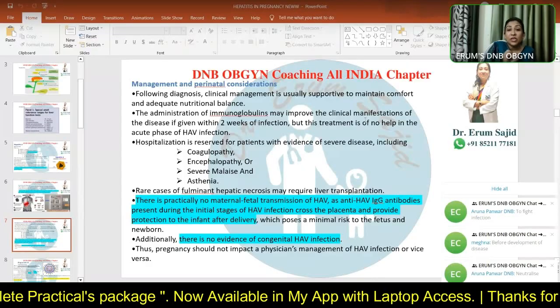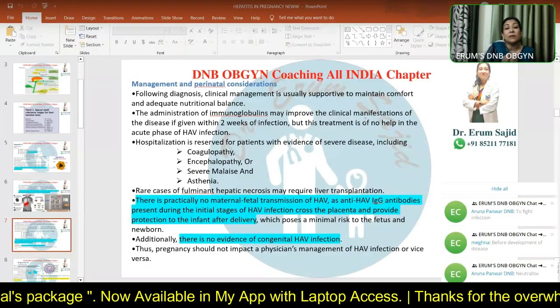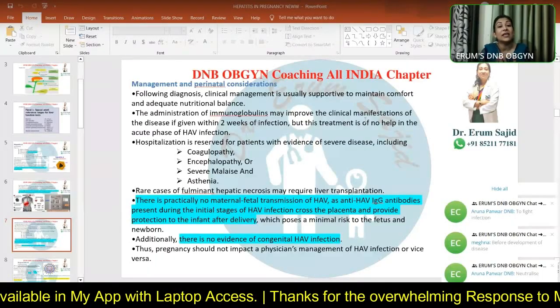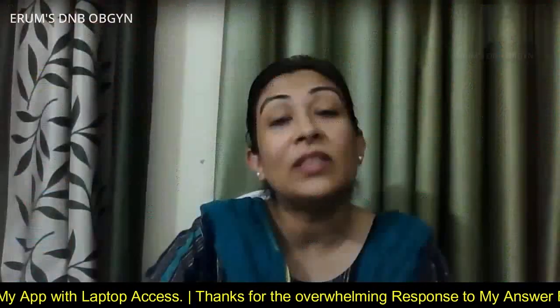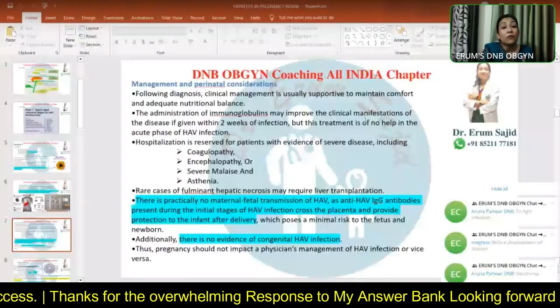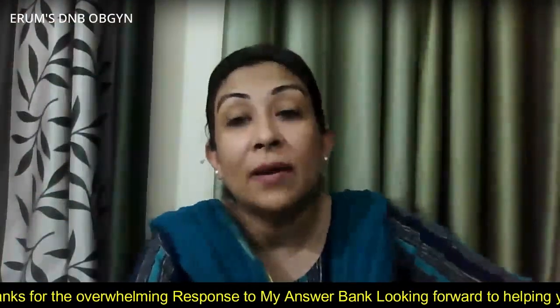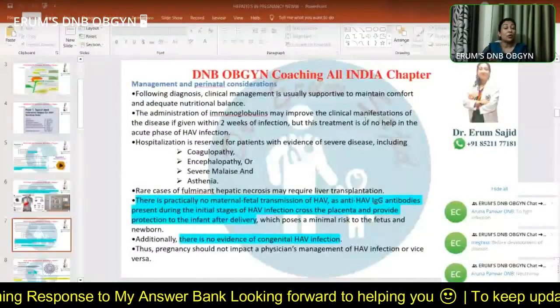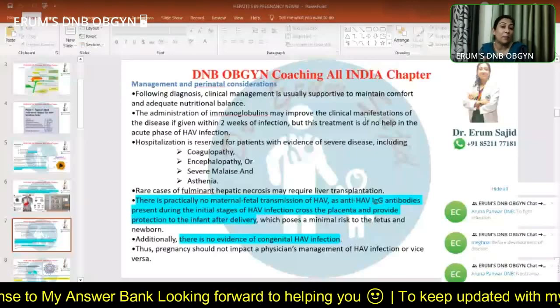So, administration of immunoglobulins to improve the clinical manifestation of the disease given within 2 weeks of infection, in the sense, this I'm not completely agreeing with. Immunoglobulins are actually passive immunity. It is given to those people in whom we want antibodies to be present rather than them developing their own. See, these are two different aspects.